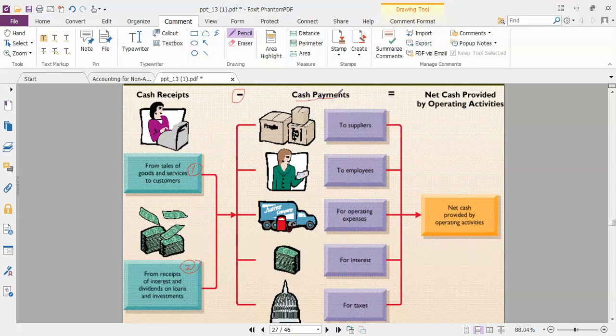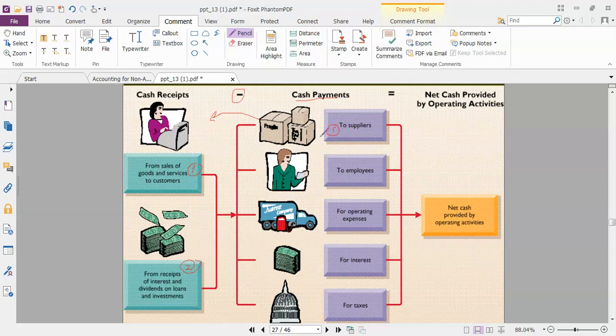Cash payment is made by the company to the outsiders. Who are the outsiders? The outsiders are the parties or users outside the company. For example, number one, suppliers: cash paid to the suppliers. Suppliers are the persons that sold the goods to you.